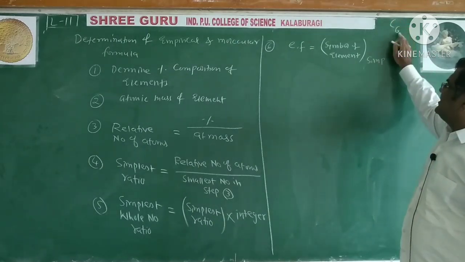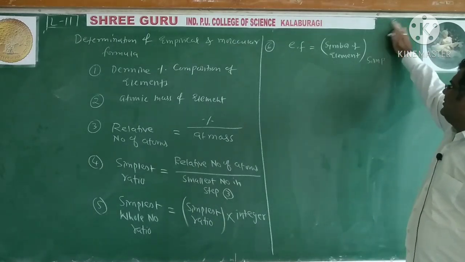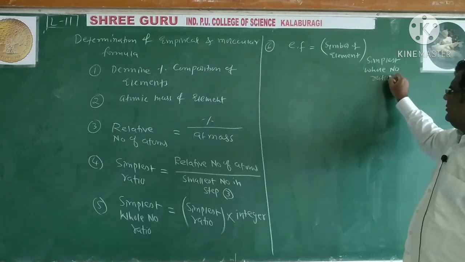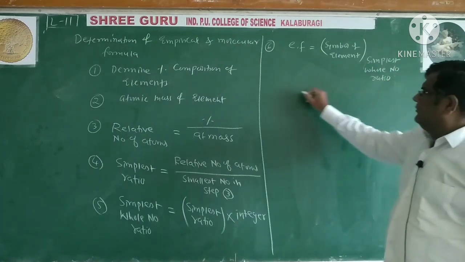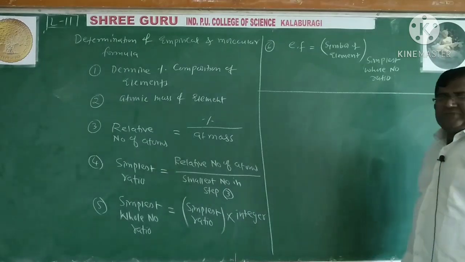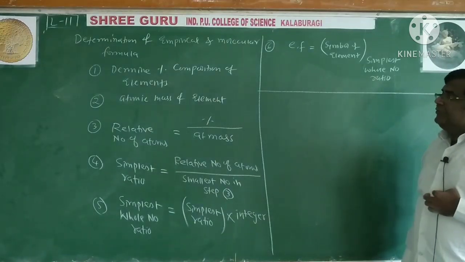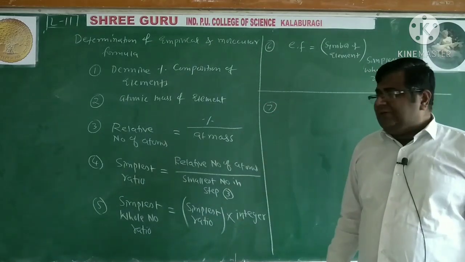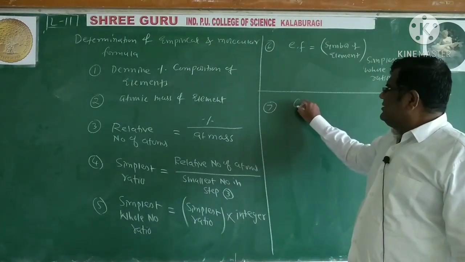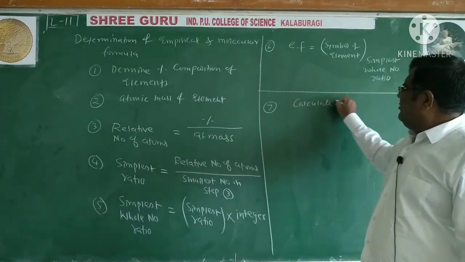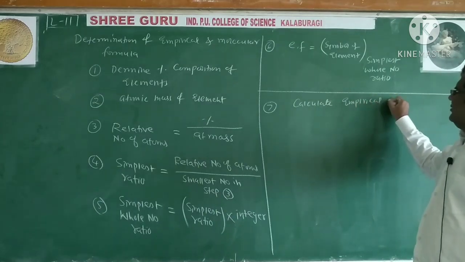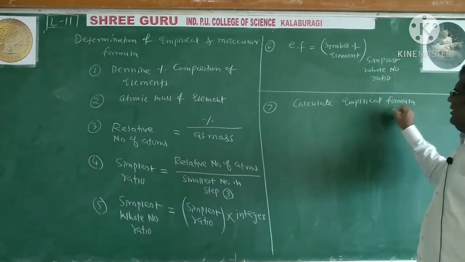See, this 6 is subscript to this carbon. Simplest whole number ratio, that number is written. So first 6 steps are to be followed to calculate the empirical formula. 7th one is calculate empirical formula mass.